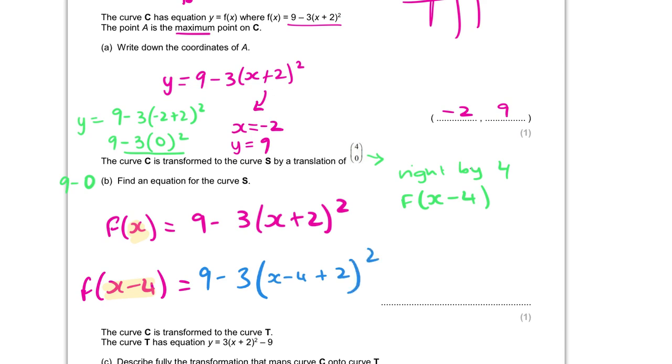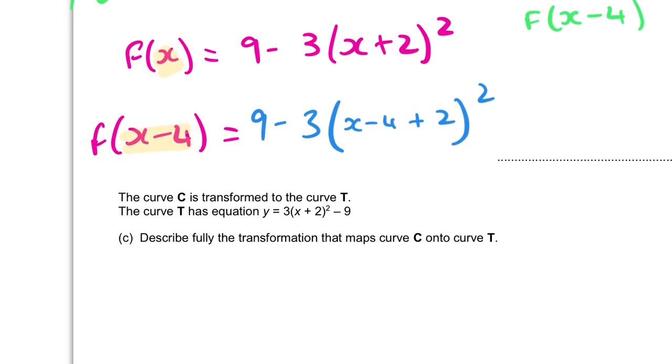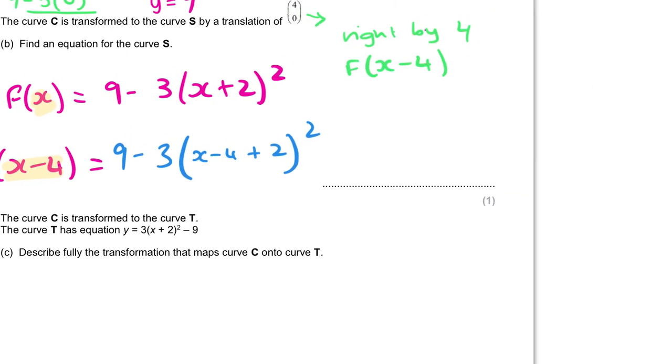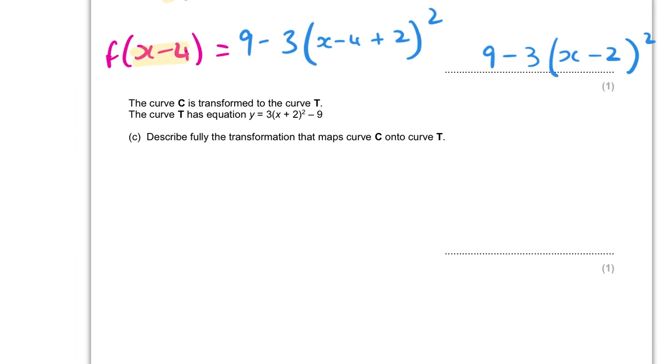Can you see how I've completely substituted that in? So then I simplify, I'm going to get 9 minus 3 bracket minus 4 plus 2, minus 2 squared. So there we go. This is the new graph. Okay, this is a function.